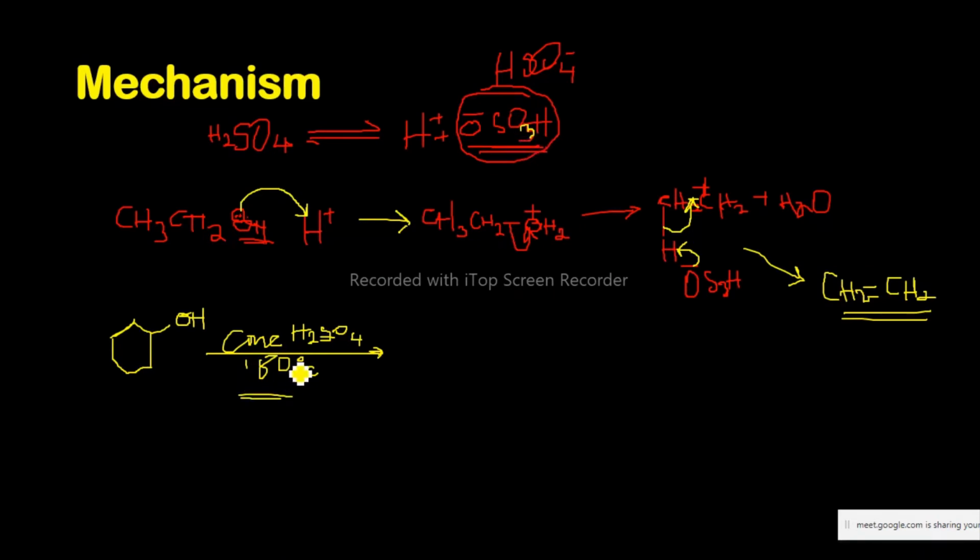Now, the next step is protonation, where you're going to protonate the OH. Now you have two lone pairs of electrons, but usually we represent one. So you can circle it.